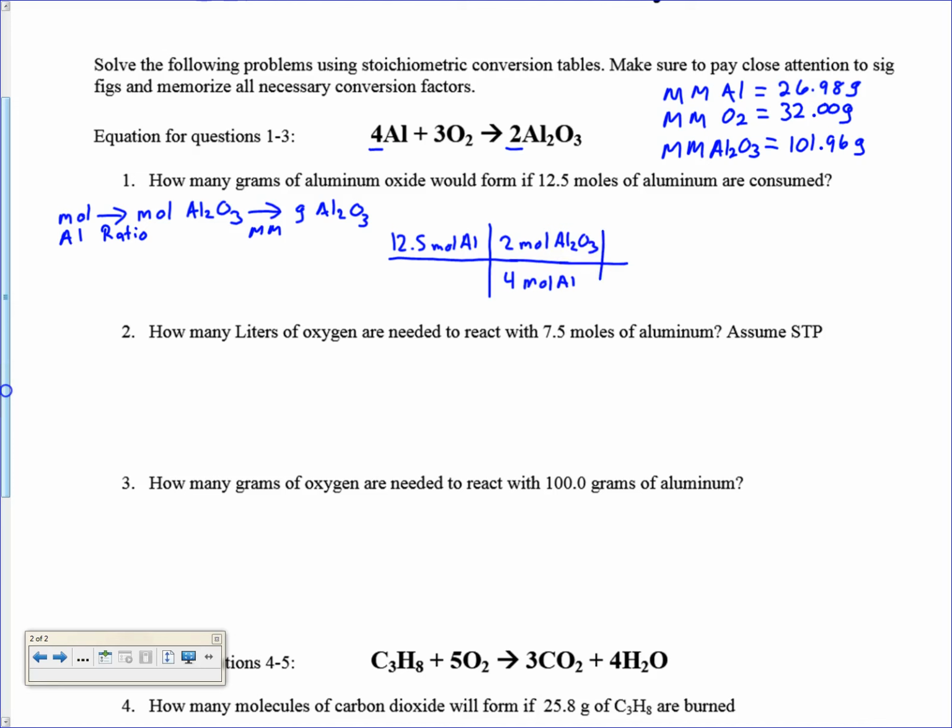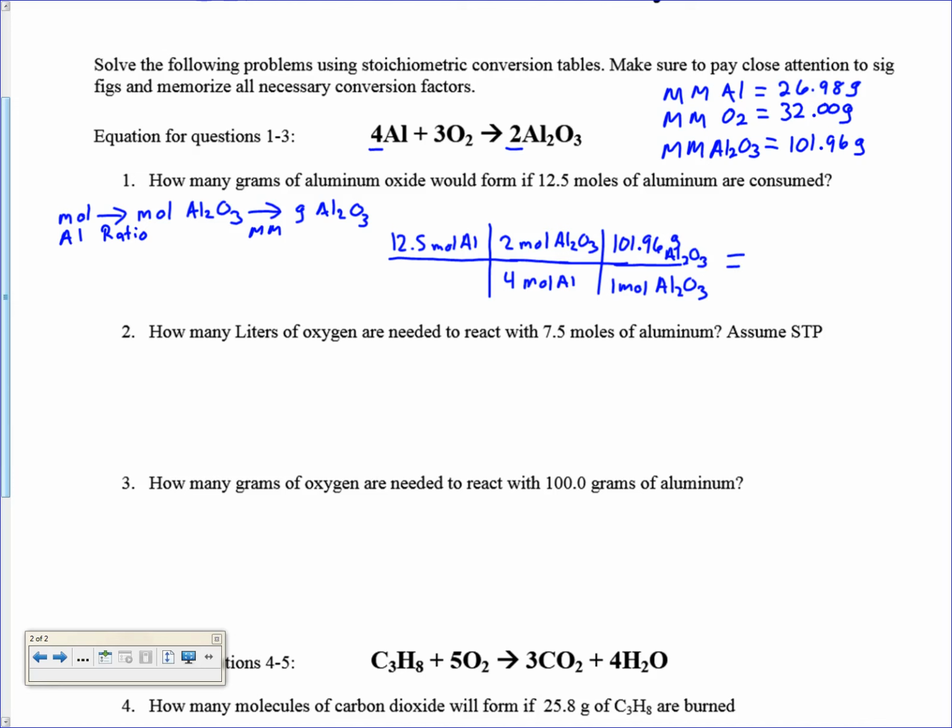And then the last step here, we're going to go from moles of aluminum oxide to grams of aluminum oxide. So in every 1 mole of Al2O3, there are 101.96 grams of Al2O3.